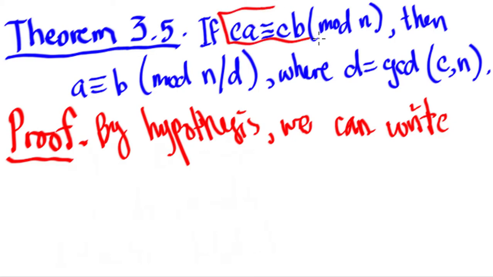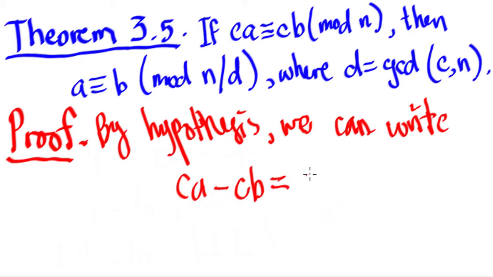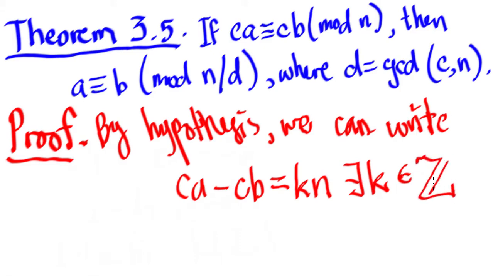So by the definition of congruences, we can write that ca minus cb is equal to n times a certain k, for some integer k. Take note, this ca minus cb can be factored out. We can take the common factor, which is c, and then write it as this.